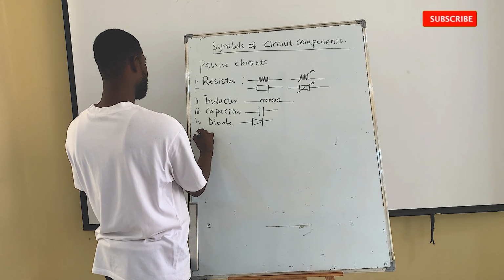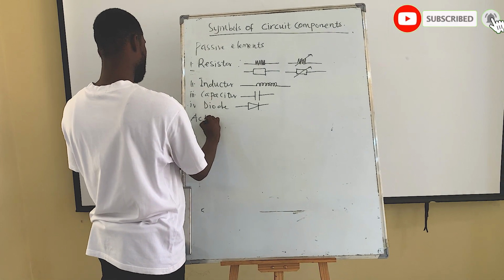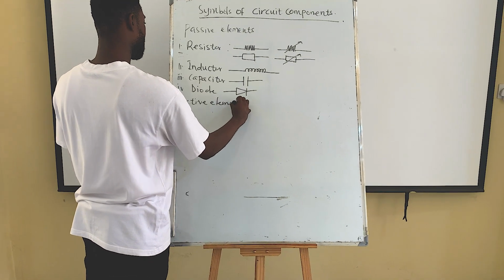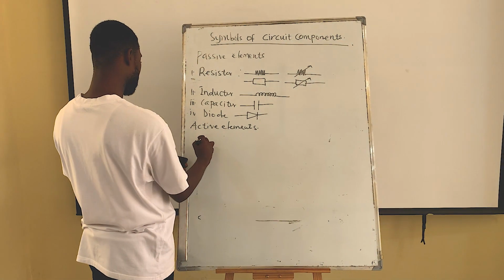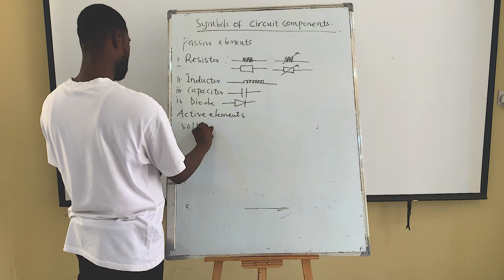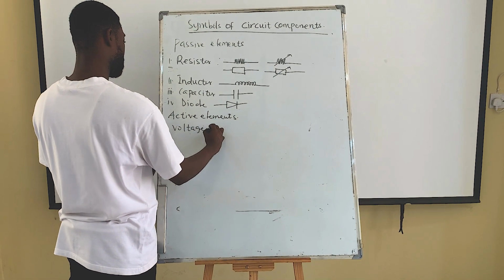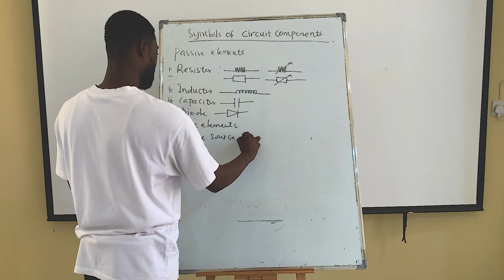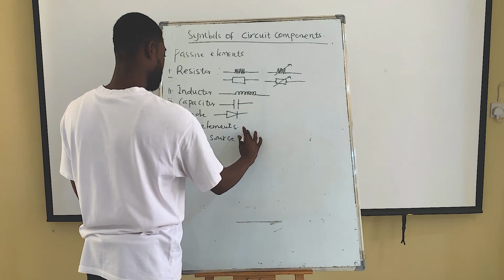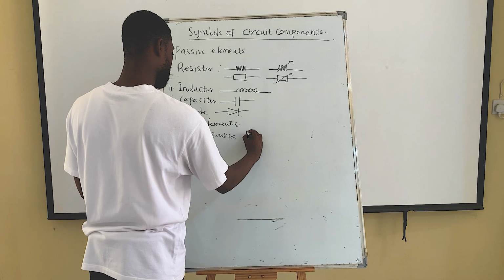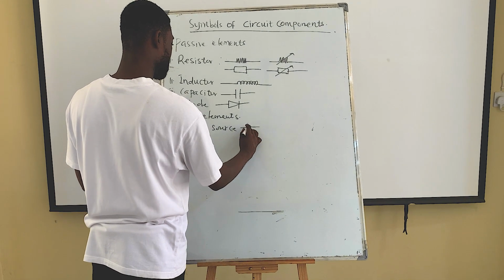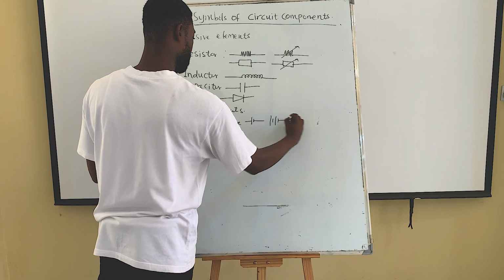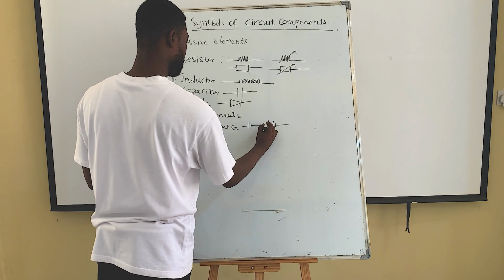Then let's look at the active elements, the elements which provide energy in our circuit. When we talk of a voltage source, we are going to use this. So this is a cell, and this is also a battery.